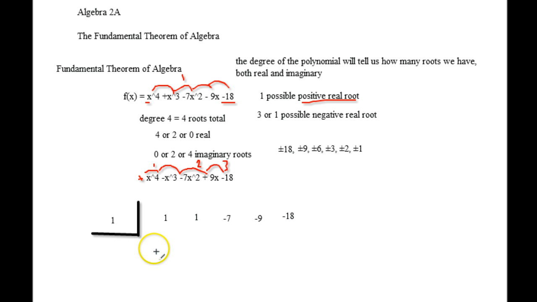Something tells me this won't work, but at least we'll try. So 1 times 1 is 1. Add the 1, we get 2. 1 times 2 is 2, so this becomes negative 5. This becomes negative 5, this becomes negative 14, and that turns out to not work.